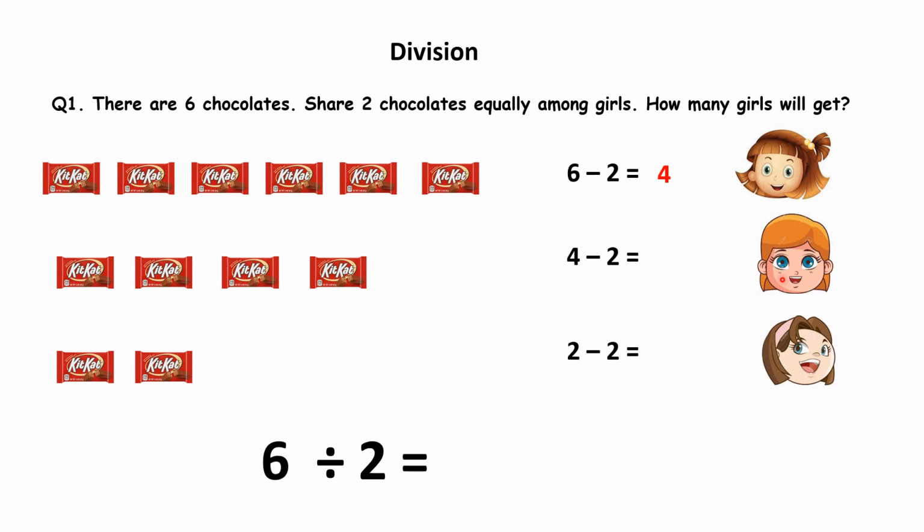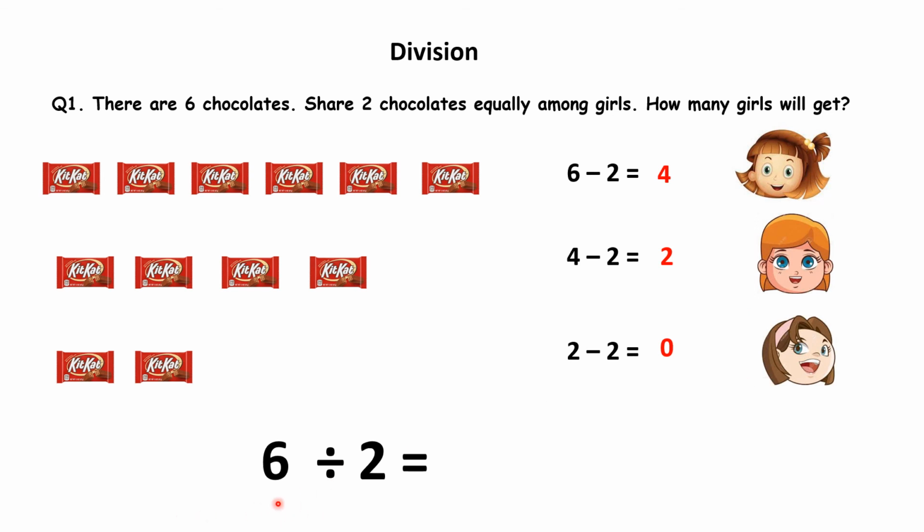Now you have number 4 and give 2 more chocolates to another girl. Now the number of chocolates is decreasing. Now you have only 2. Now give 2 more chocolates to another girl. Now 0 left. You have shared equally among how many girls? 1, 2, 3. Same here, read the question.